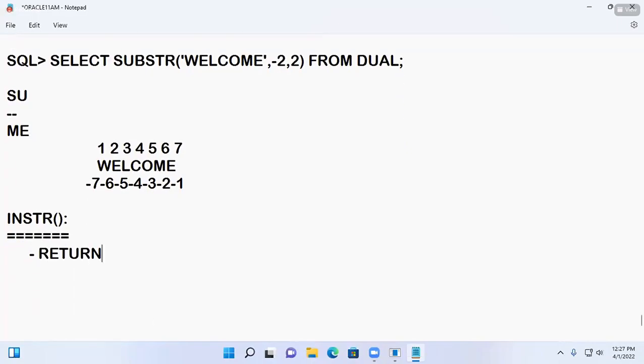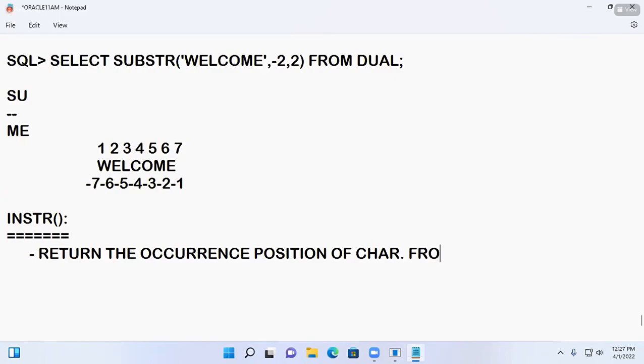Okay, return the occurrence position of character from given string expression. So return the occurrence position of character from the given string expression.